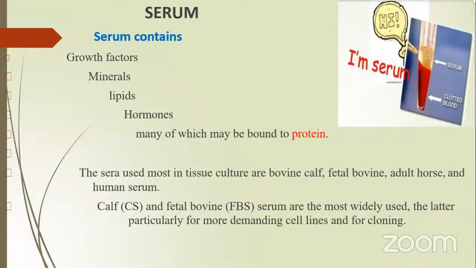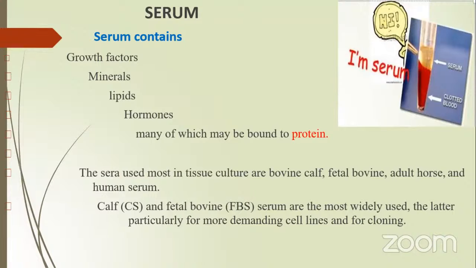Then serum. Then we will see the individual components. Serum contains growth factors, minerals, lipids, hormones, proteins; many things will be present. Usually bovine calf or fetal bovine or human serum will be used. Sometimes some cell lines demand their own serum.